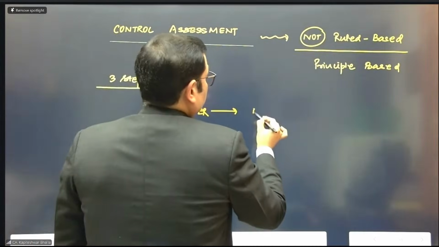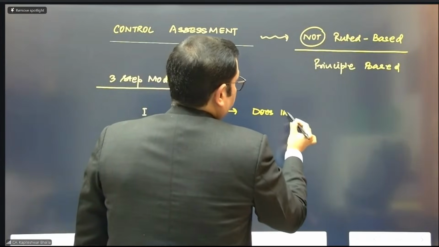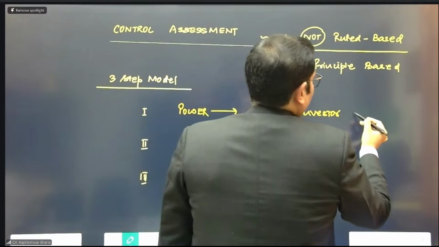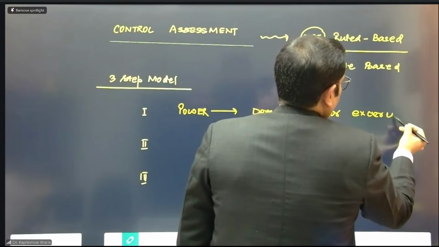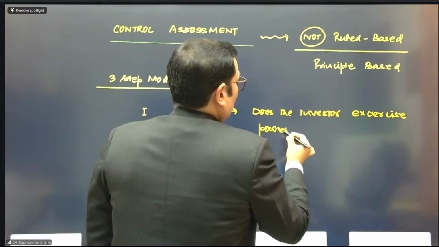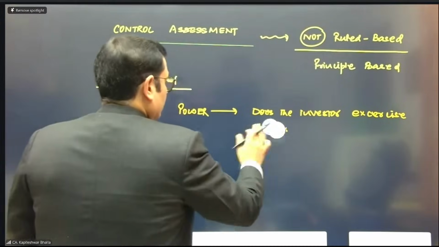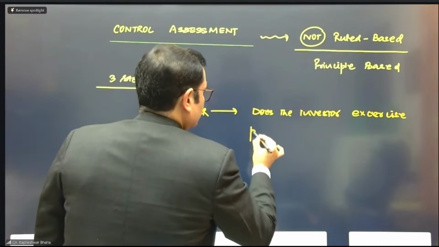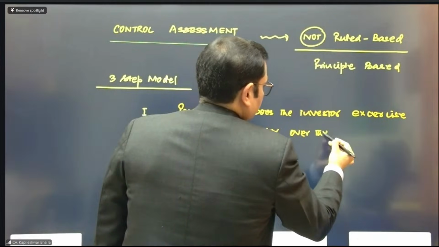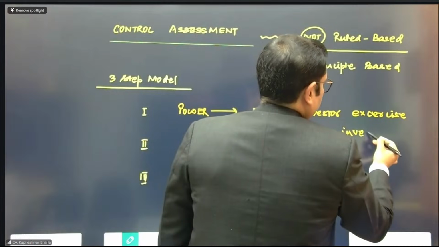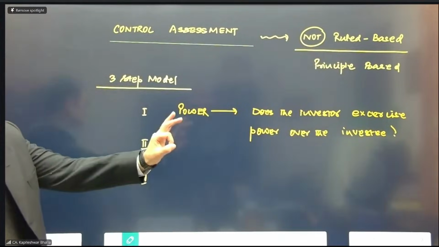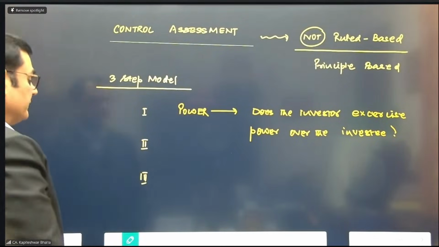So the question is: does the investor exercise power over the investee? It is only when you say yes that I go to step number two. So you first need to ask whether you exercise power over the investee.